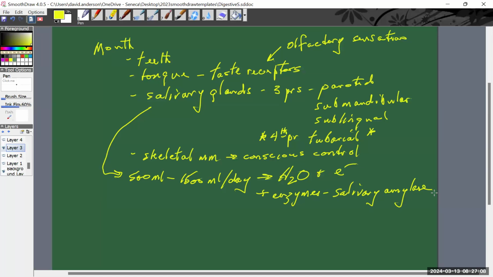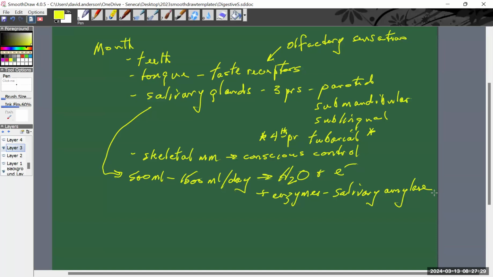So what this represents when we talk about digestion is a chemical type of digestion, because enzymes are acting on the chunk of bread or the pasta or whatever the large molecule of carbohydrate happens to be. When the teeth grind the food and the tongue mixes it with the saliva, that's mechanical digestion.